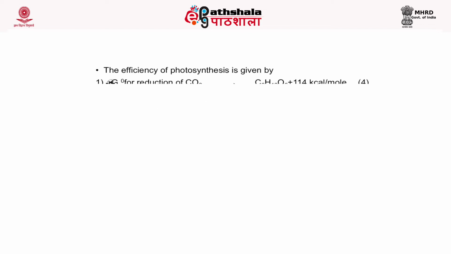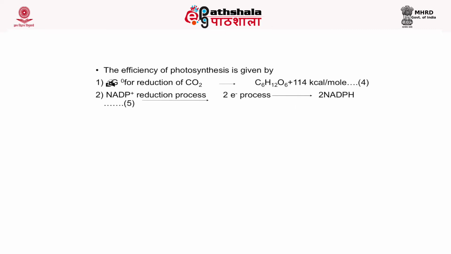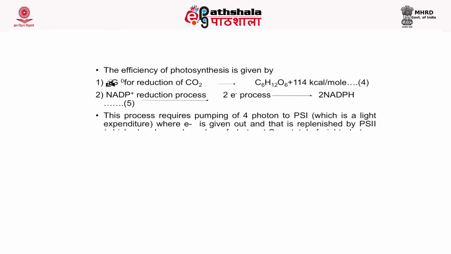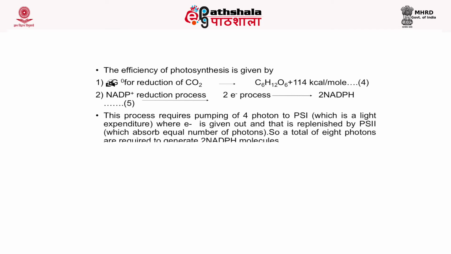So the efficiency of photosynthesis can be given by delta G0 for the reduction of CO2 to C6H12O6, which is plus 114 kilocalories per mole.